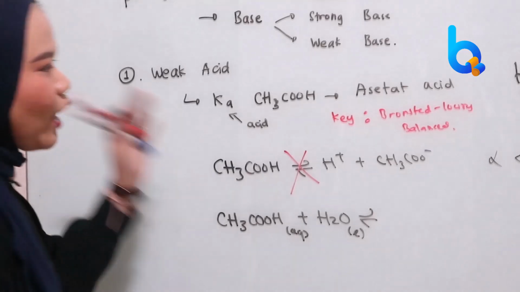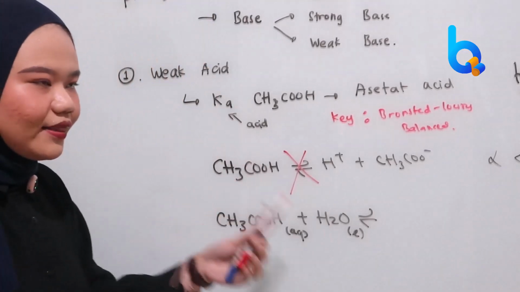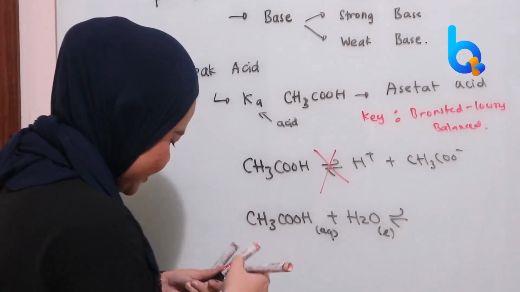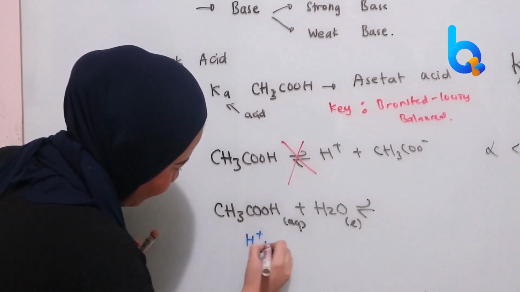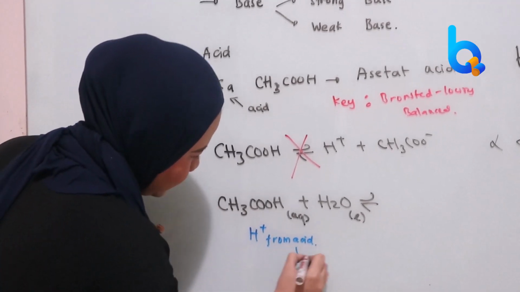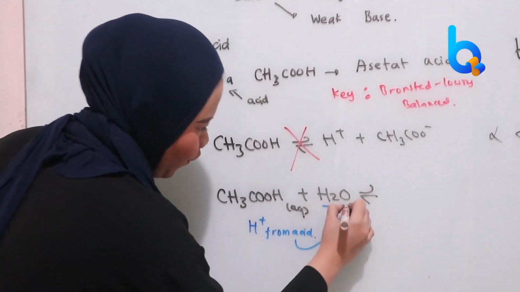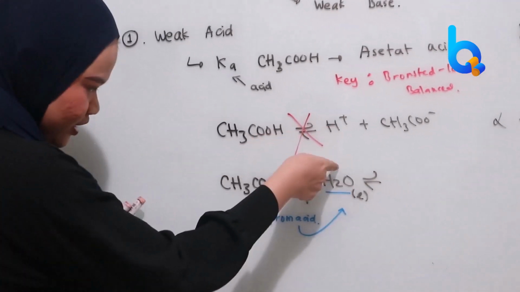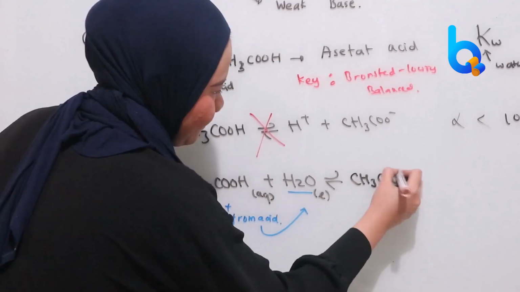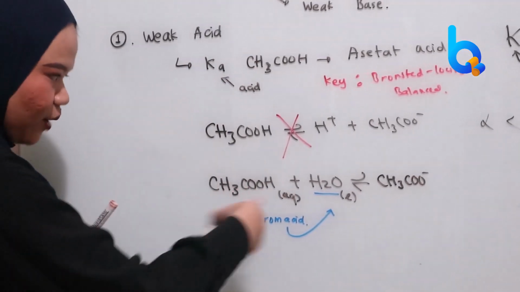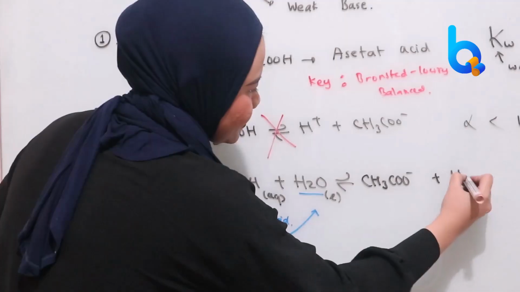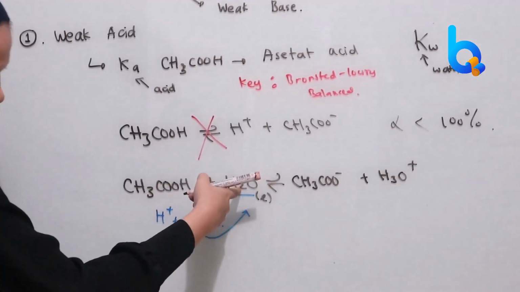In the Bronsted-Lowry concept, probably in another chapter, the H plus from the acid is transferred to the H2O. Because of that, H is transferred, leaving CH3COO minus, because one H moved to H2O, and then after that H3O plus, because H comes to this, and then aqueous.